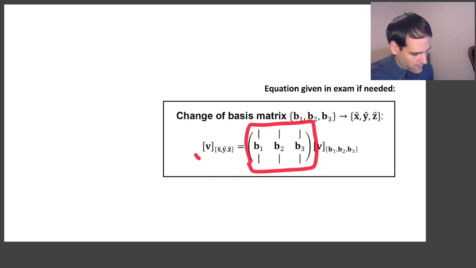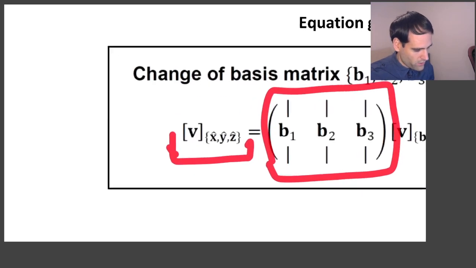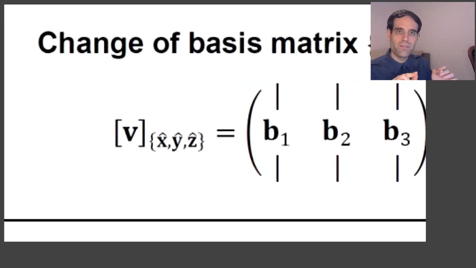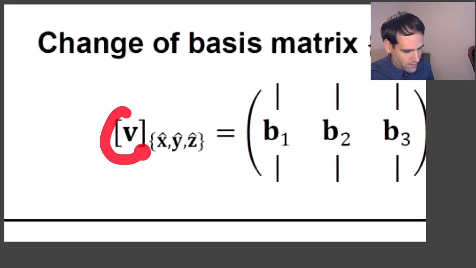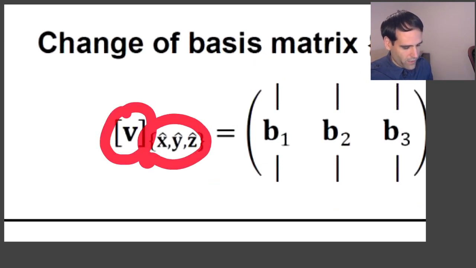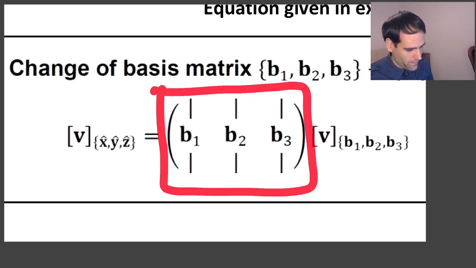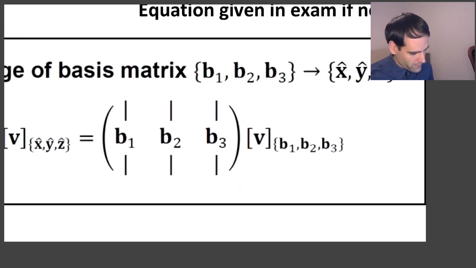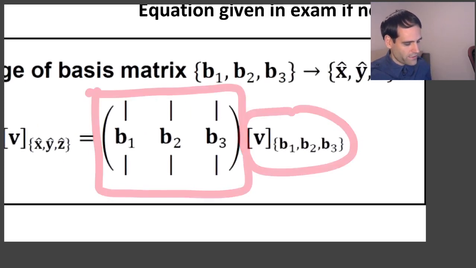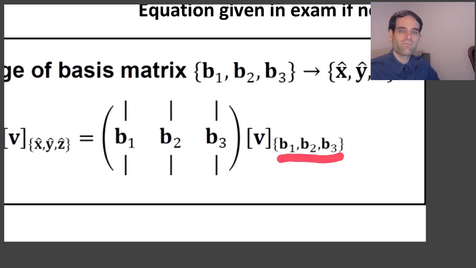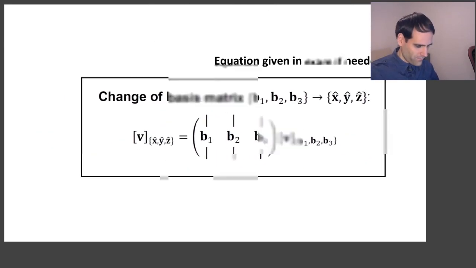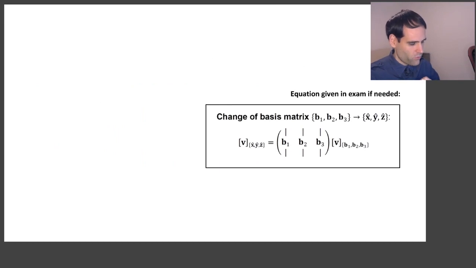And here I write that this is the vector written in the basis x hat, y hat, z hat, using a subscript with the basis. And then this is our matrix A. And then this vector is the vector written in the basis B1, B2, B3. Okay? So that way you won't have to remember it.